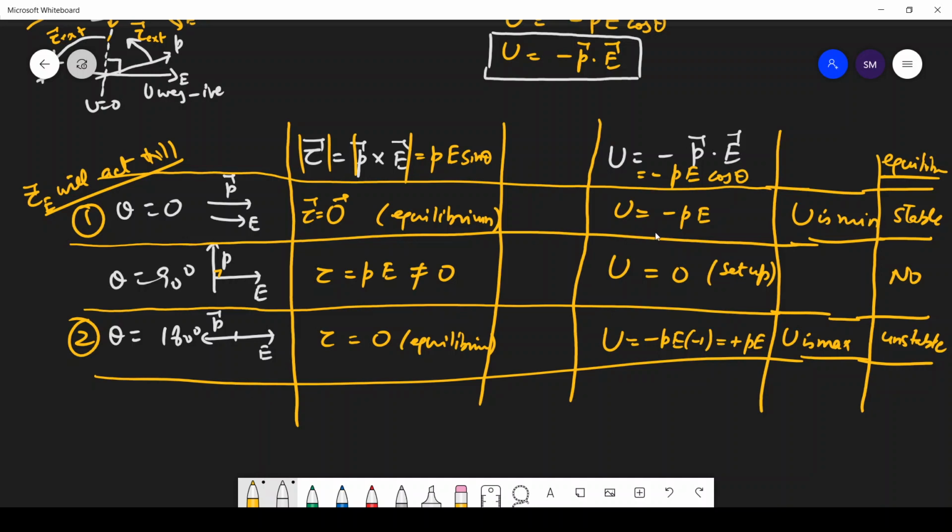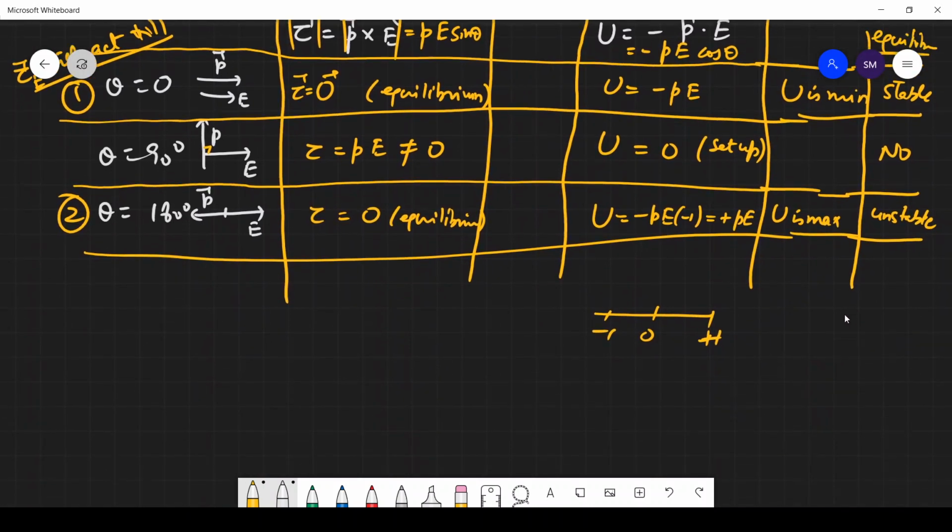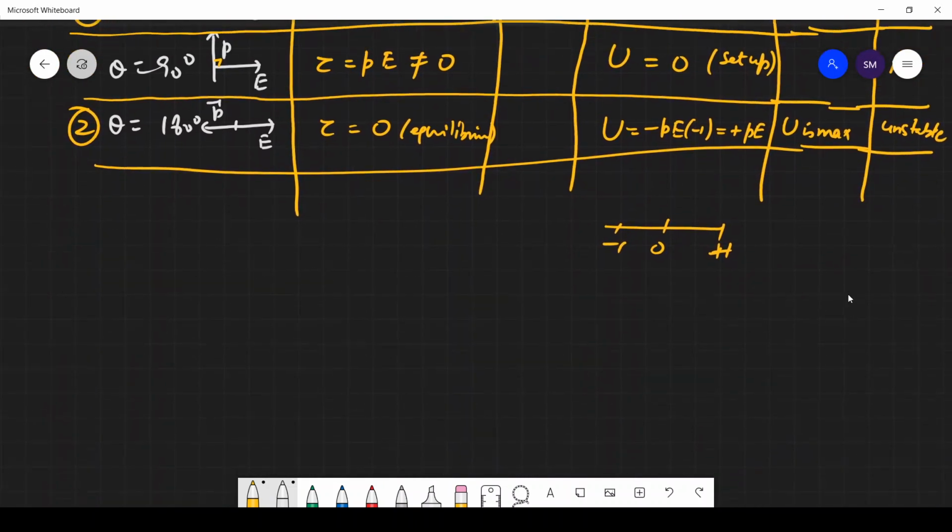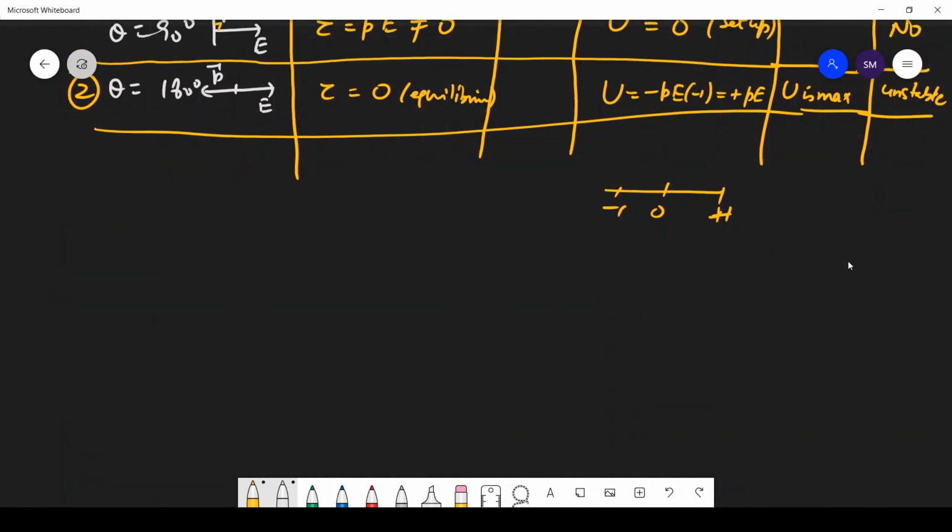But this is a stable equilibrium because the energy is minimum, it is negative. So this is 0, this positive, this negative. Negative is lesser, so this is the minimum. I hope you have understood it. Very important concept, and you will definitely have a question in your exam, might be an objective question also, from this concept.